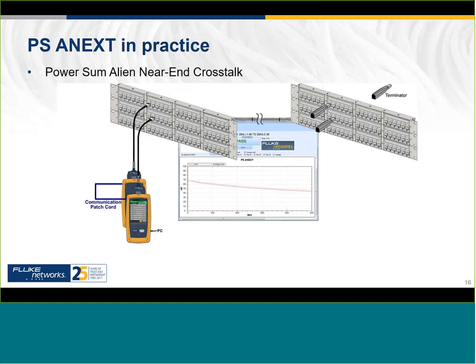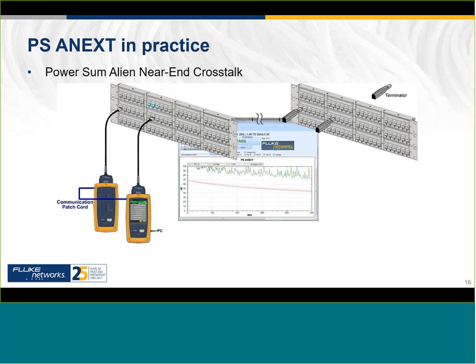On the far side, you can see I have my terminators in place. So I do my test. Once I've got my result, I move on to the next disturber. So I move on and I measure the next disturber. Once completed, move on, measure the next disturber.